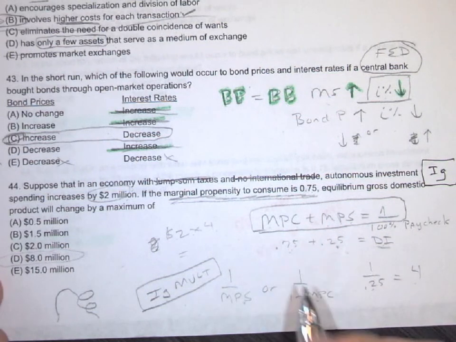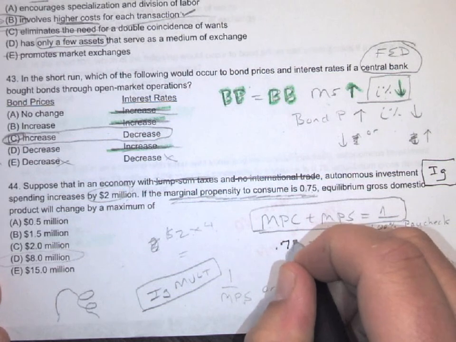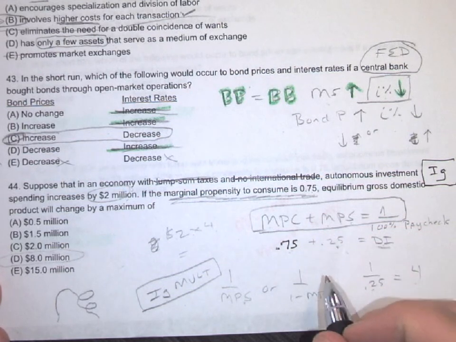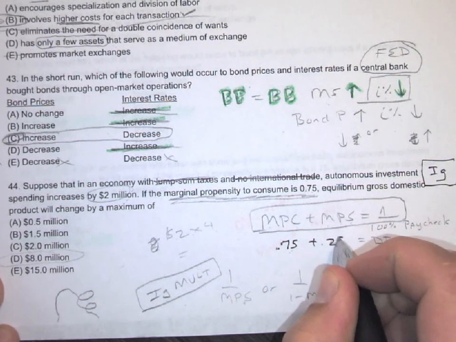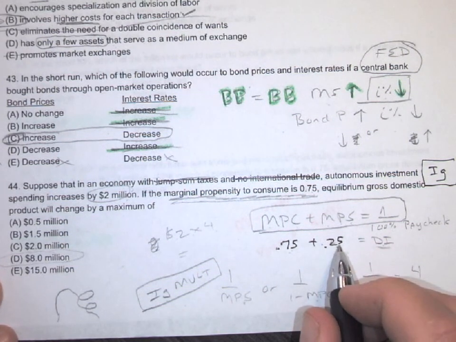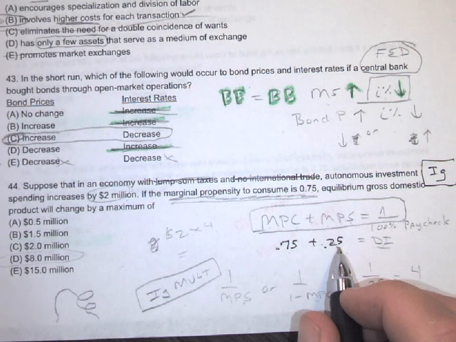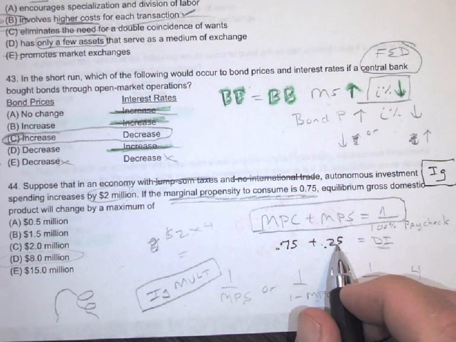If your MPC is 0.75, then you spend 3/4 of your paycheck, don't you? Then your MPS, you save 25%. So if you get direct deposit and you direct deposit 25% into your savings and 25% into your checking, then you go spend 75% of your check, don't you?